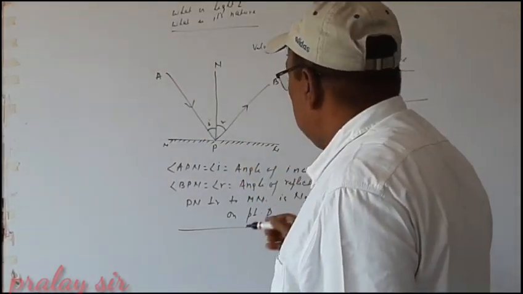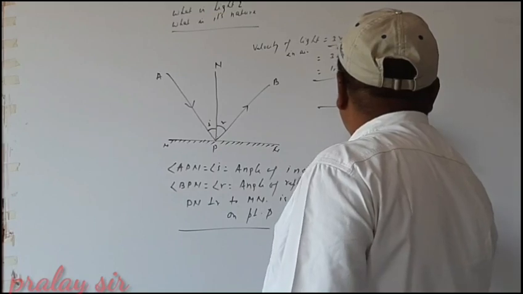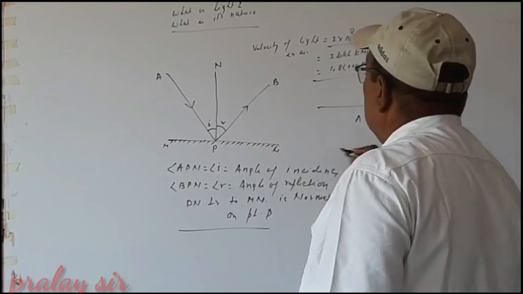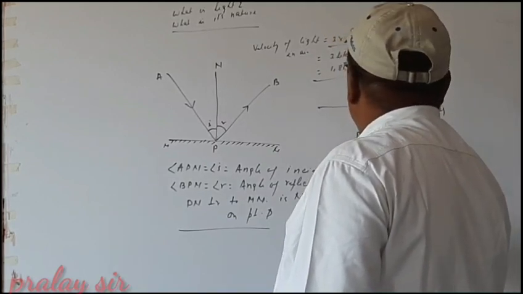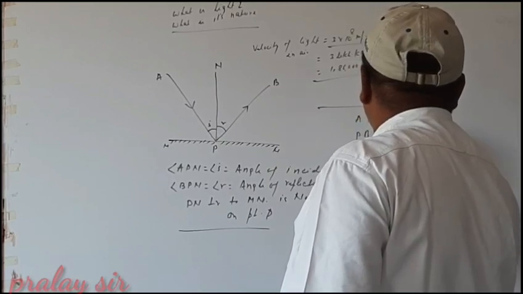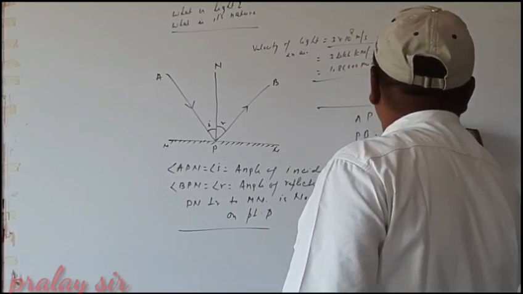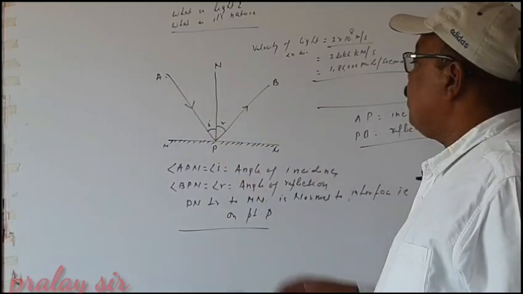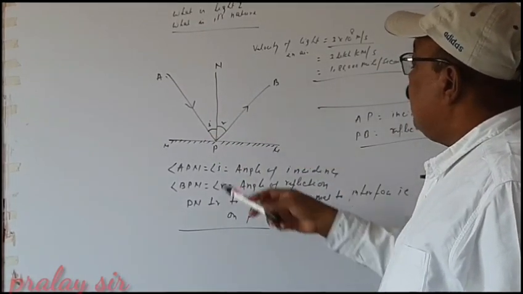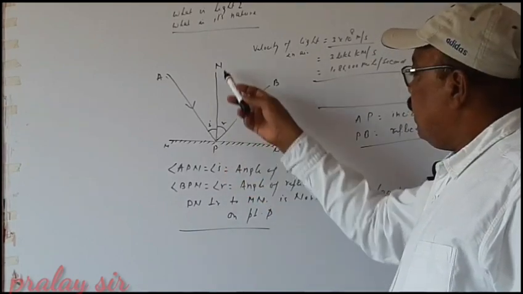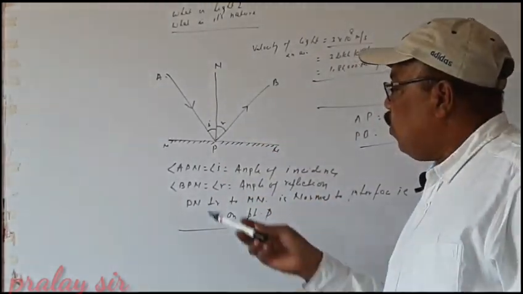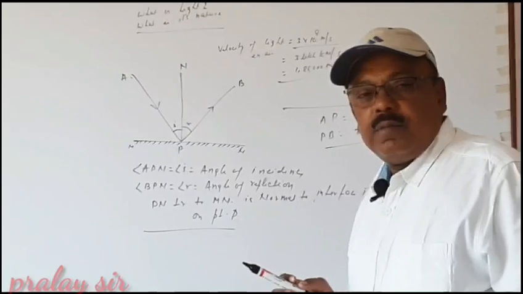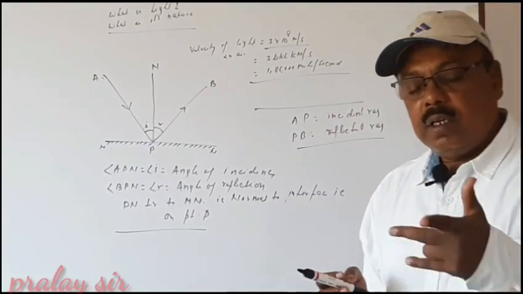We can say that AP is the incident ray and PB is the reflected ray. The next law is that the incident ray AP, reflected ray PB, and normal PN at the point of incidence all lie in the same plane. Here MN is the interface plane. Here is the one figure.